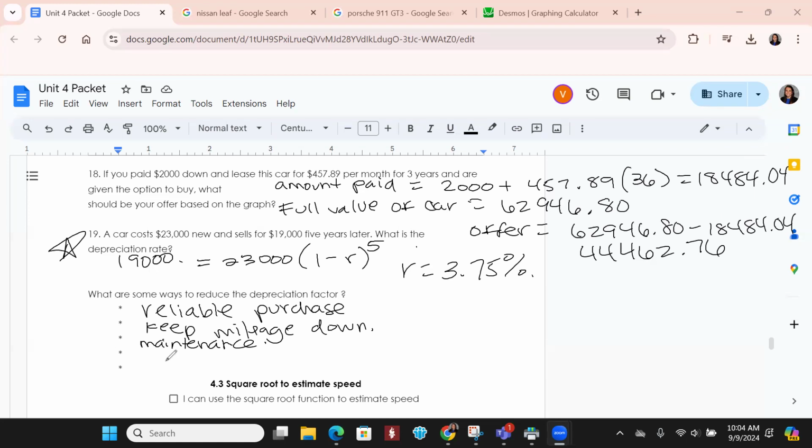So, no crashes. Okay. What else? Yep. Tax incentives. What do you mean by that? Can you read more on that? Read it to me.